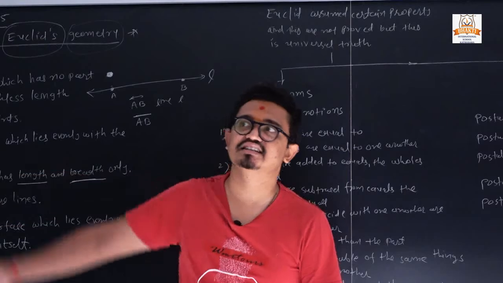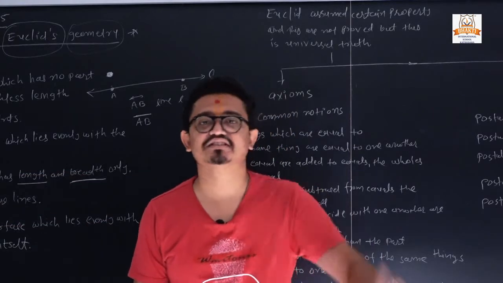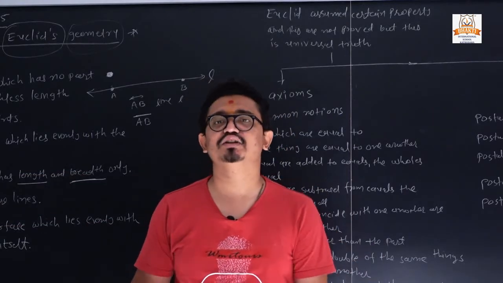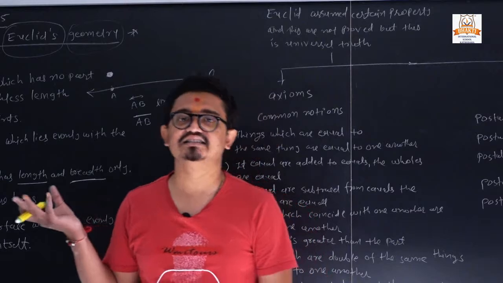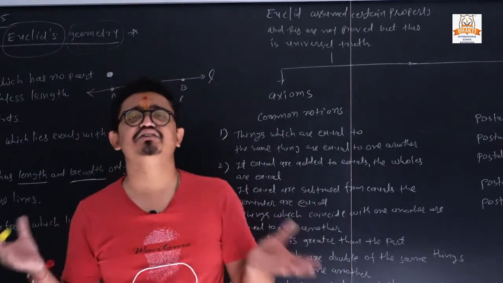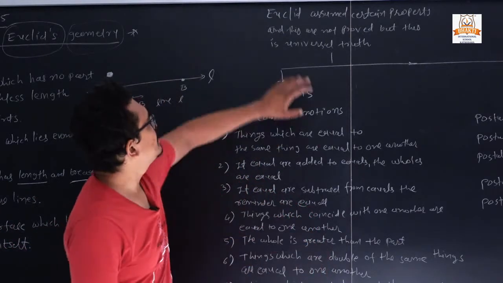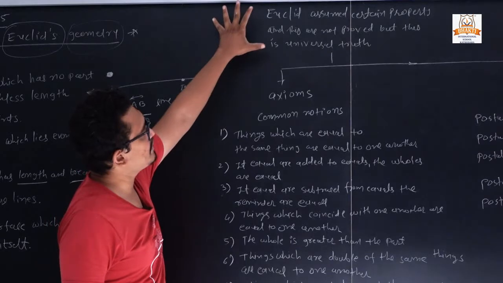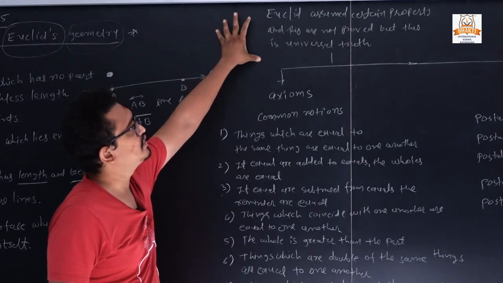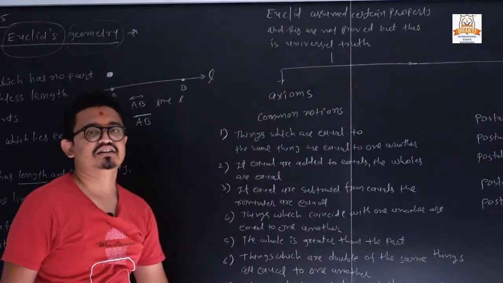Like the sun rises in the east, it is a universal truth. We cannot prove that it always rises in the east, but it is a universal truth. Similarly, Euclid also gave some properties which haven't been proved, but they are universal truths.